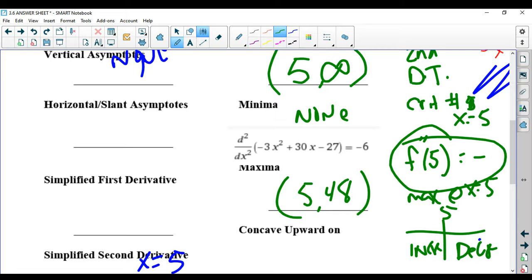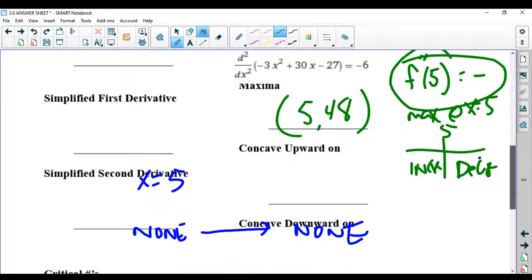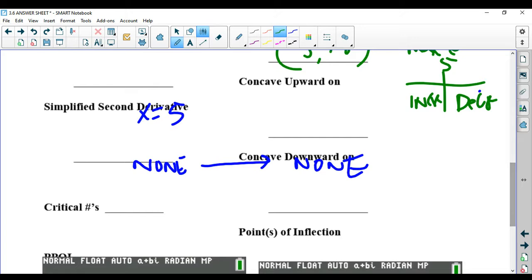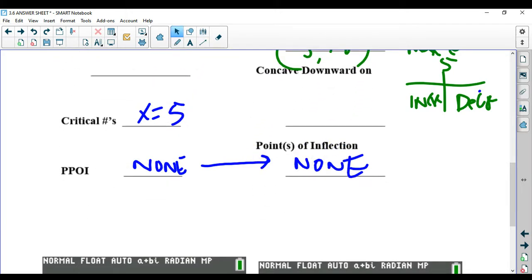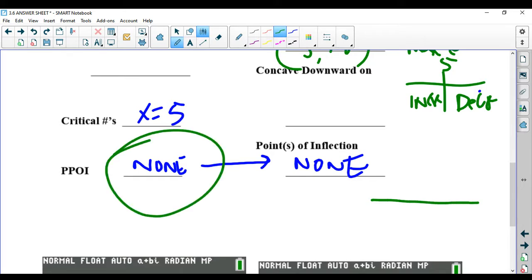All right, so now the last thing I have to do is the concavity. You take your possible points of inflection and use the second derivative chart. But there are no possible points of inflection, so I can't draw a line here.